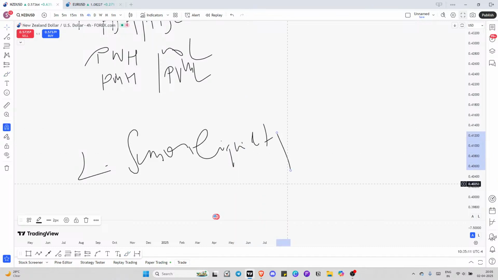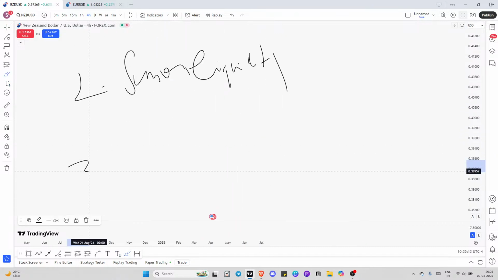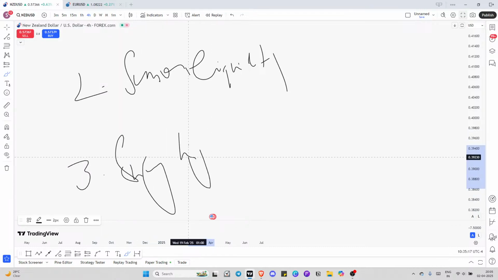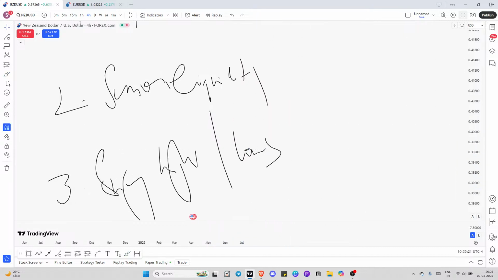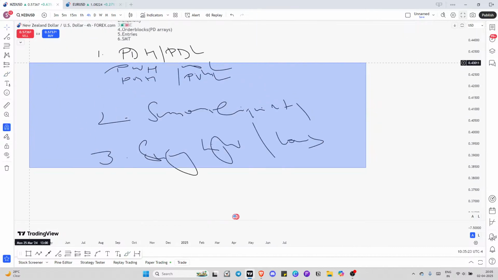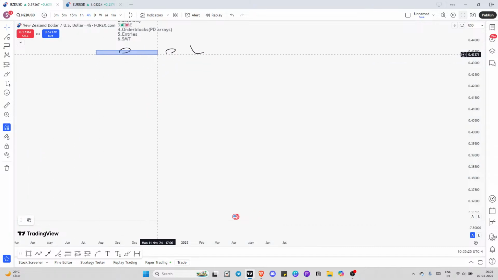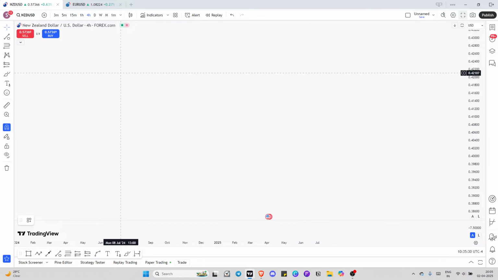And the third would be your swing highs and lows. These are the three types of liquidities that the market makers target.